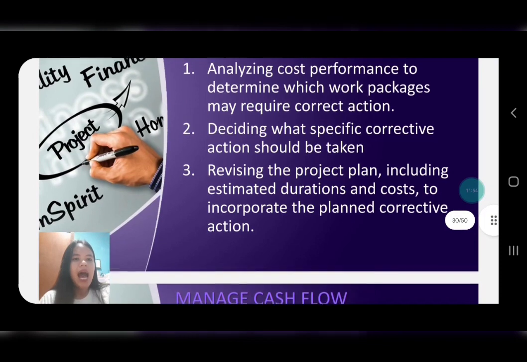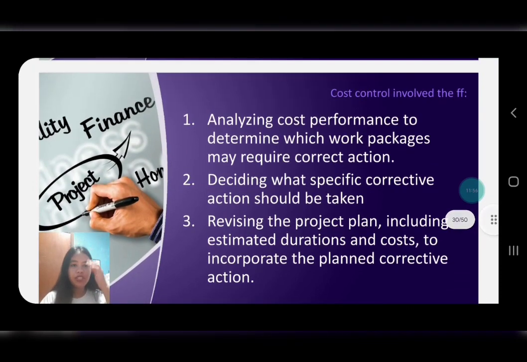Cost control involves analyzing cost performance to determine which work packages may require corrective action, deciding what specific corrective actions should be taken, and lastly, revising the project plan, including estimated duration and cost, to incorporate the planned corrective action.